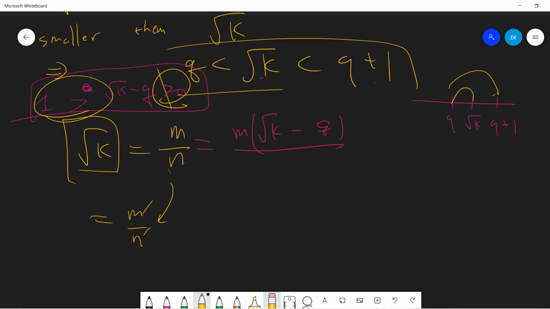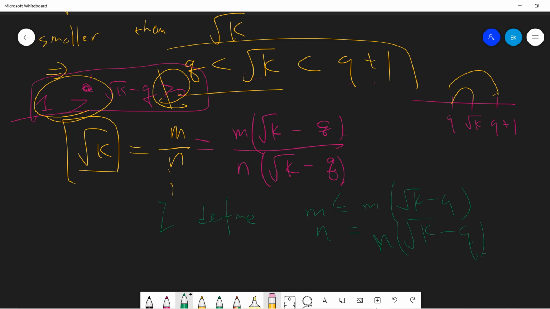Okay. So we get, I can write n times the square root of k minus q. Okay, so now everything is clear. I define m prime to be m times the square root of k minus q, and n prime is n times the square root of k minus q.